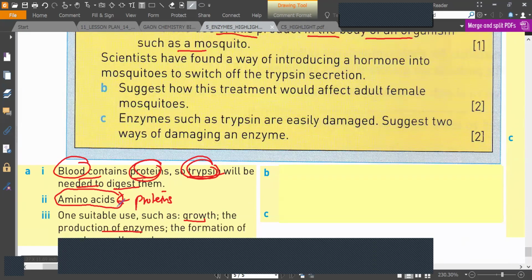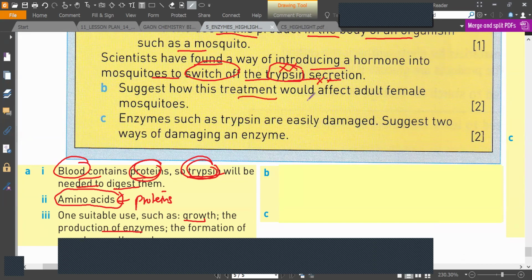Okay, next. Scientists found a way of introducing a hormone into the mosquito to switch off the trypsin secretion. Just now the mosquito had the trypsin, so it can drink our blood easily. So now it is switched off, the trypsin is not there.